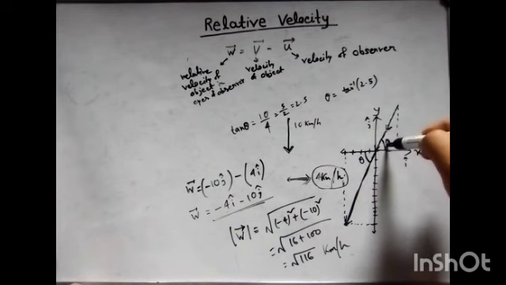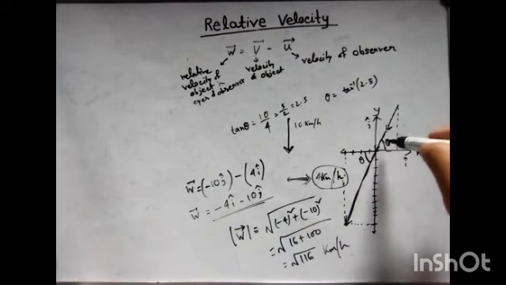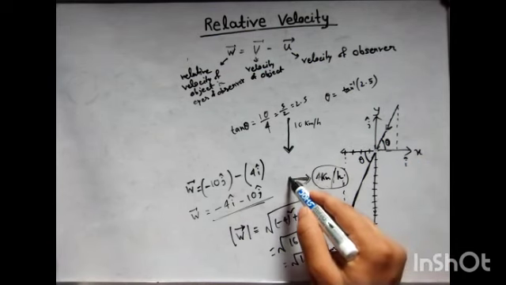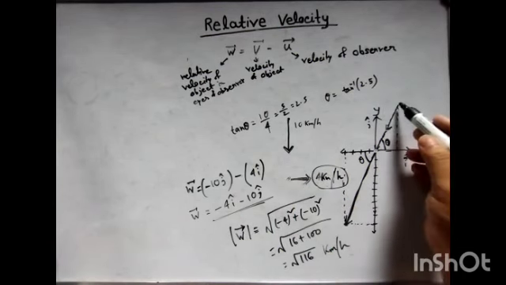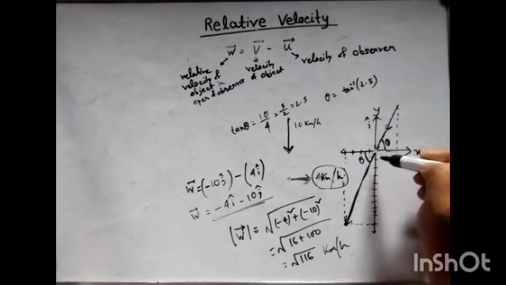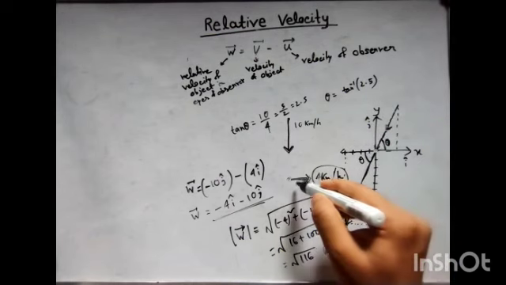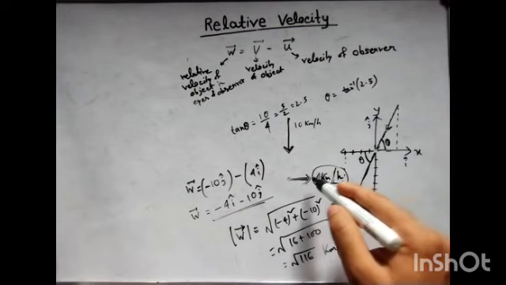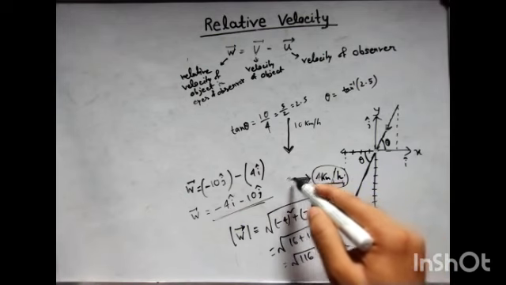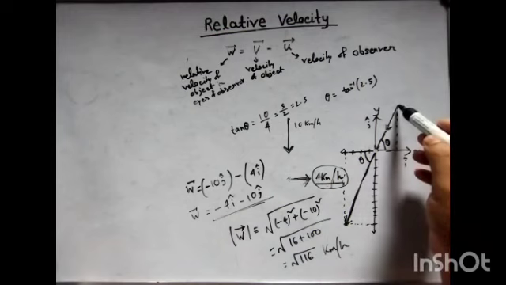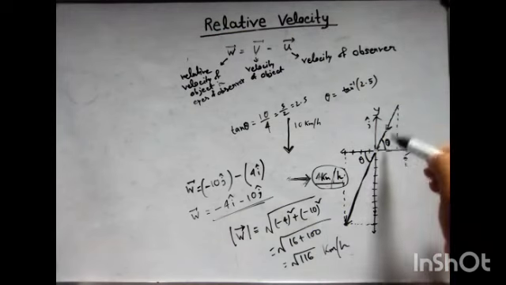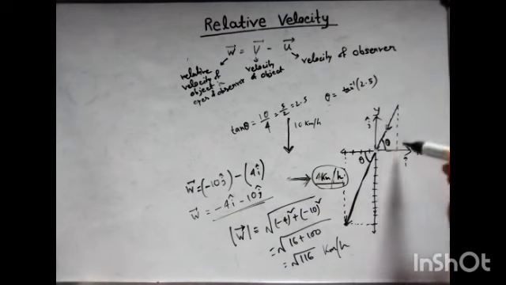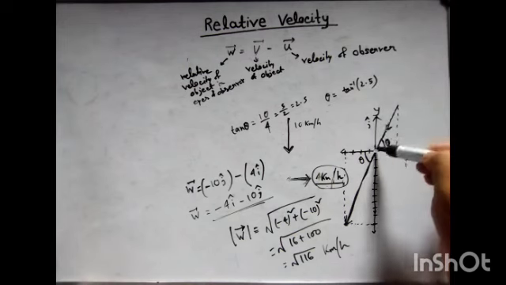So at this angle the rain is falling. Actually the rain is falling vertically downwards, but this man who is moving with 4 kilometer per hour speed eastwards will see the rain falling at an angle theta equal to tan inverse 2.5 with the x-axis, this angle.